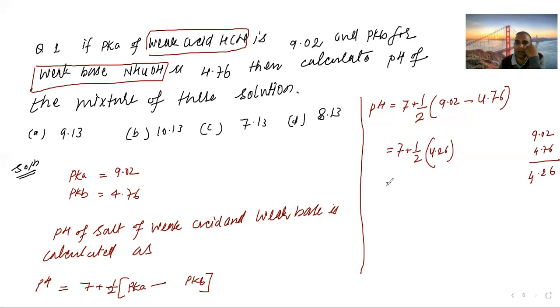Dividing by 2 gives 2.13. Adding 7 and 2.13, 9.13 is coming. So which is the correct option?